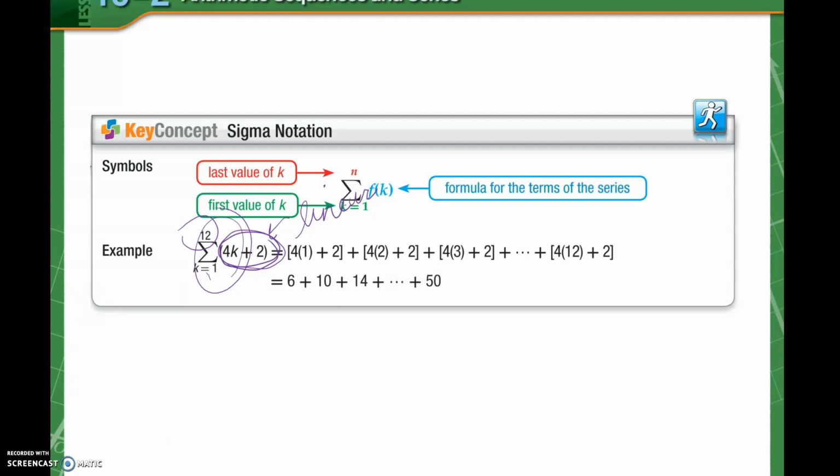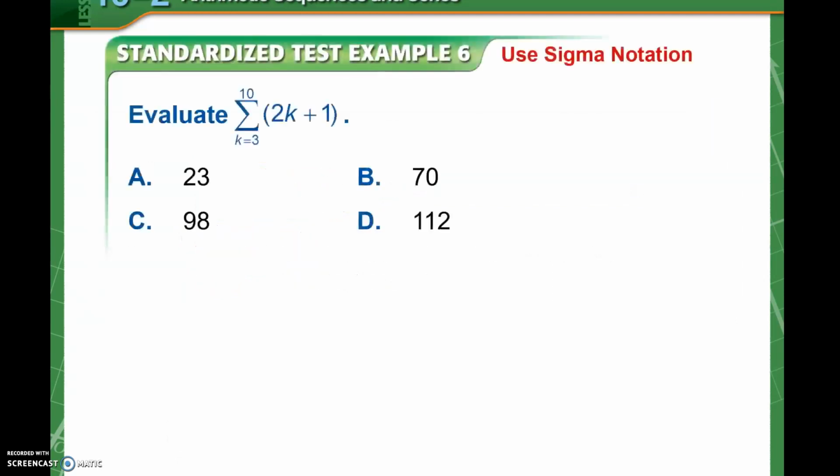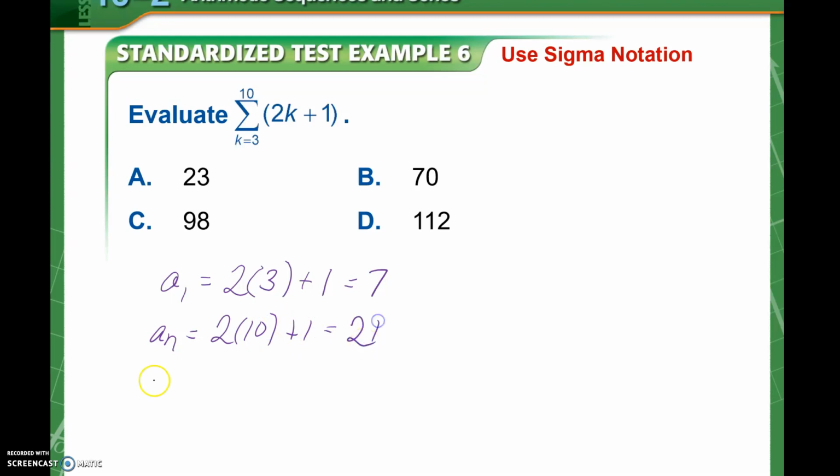So we're going to use our new series that we just learned about to find that, because remember with that series we need a1. So plug in 3, that will give me my first term that I would have gotten in that sigma. an, the last term, is plugging in 10. And then my n, so we're going to plug in the numbers from 3 to 10. So 3, 4, 5, 6, 7, 8, 9, 10, which is 8.